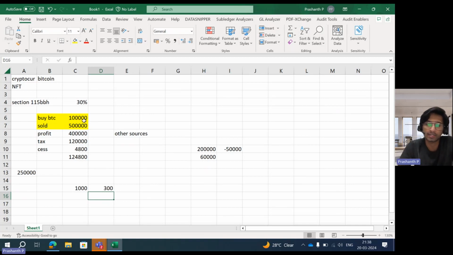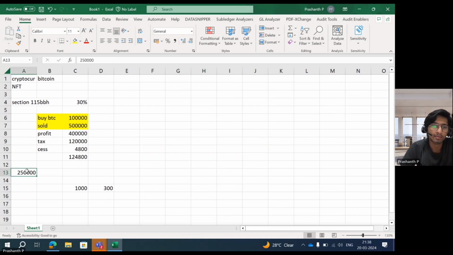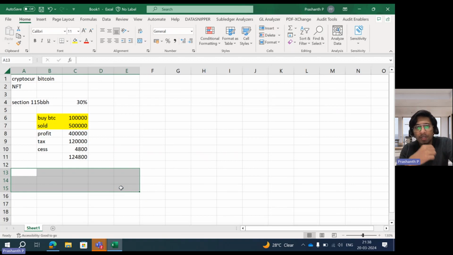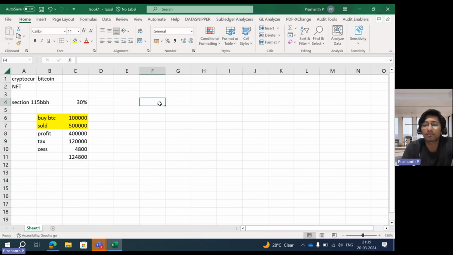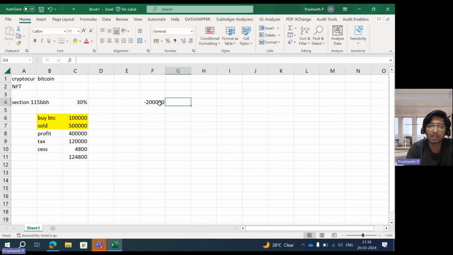Let me take another scenario. Now, the very basic doubt which comes to our mind is whether we can set off losses, right? Suppose in house property income, you have a loss of 2 lakh rupees, minus 2 lakh. This is the house property loss.